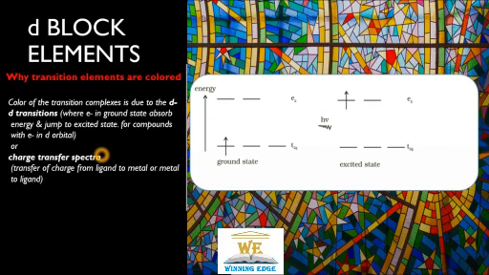So the transmitted light has a deficiency of the particular color which is absorbed, and the color we observe will be complementary to the color absorbed. That's why if the compound absorbs red color, we will see it as violet. At the other end of the spectrum, if it absorbs violet, it will look red to us.